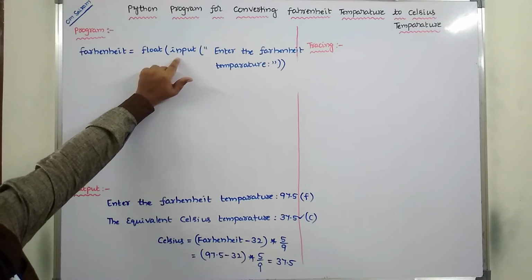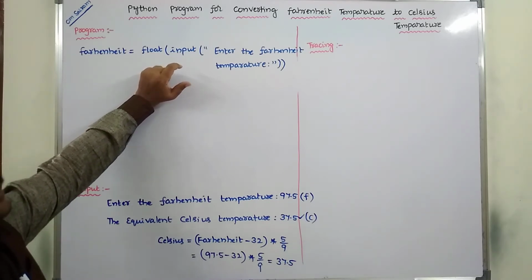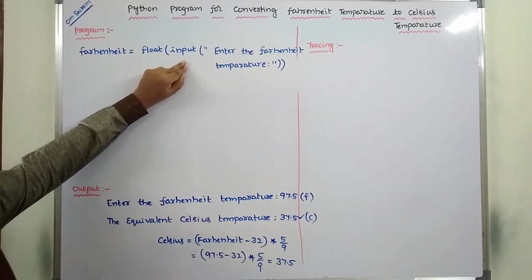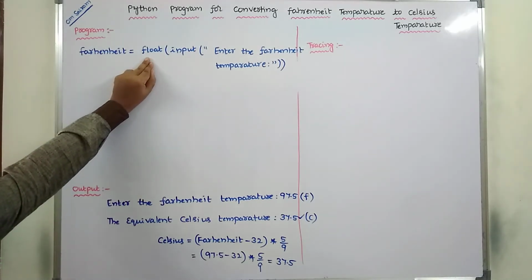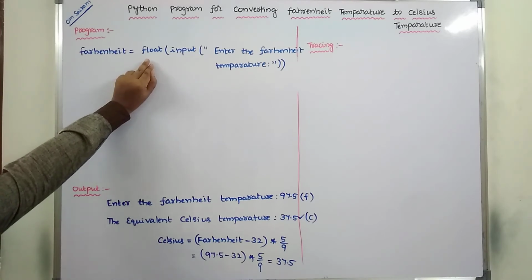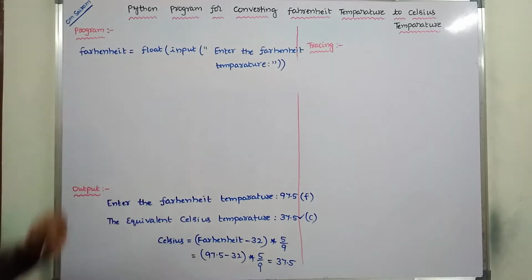Whatever value is entered by the user, that value is converted into a float value by using the float typecasting function. Then the float value is assigned to the variable on the left hand side, that is Fahrenheit.